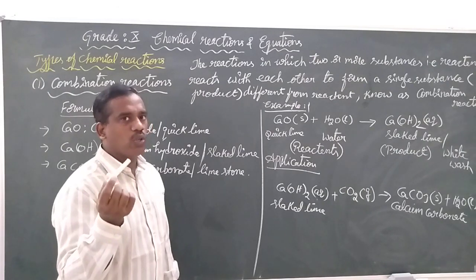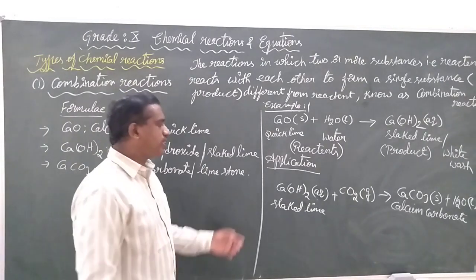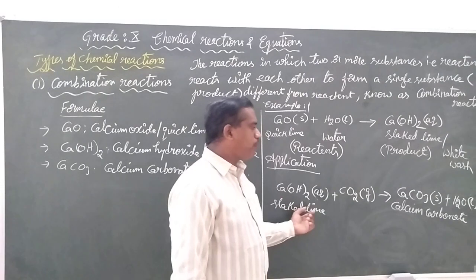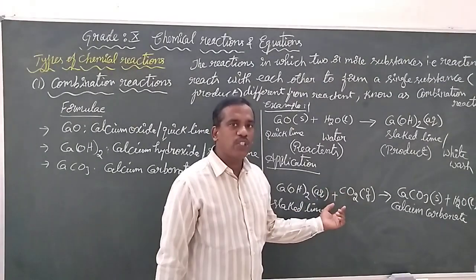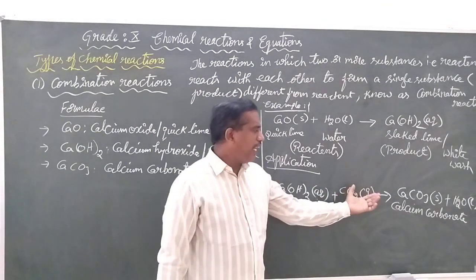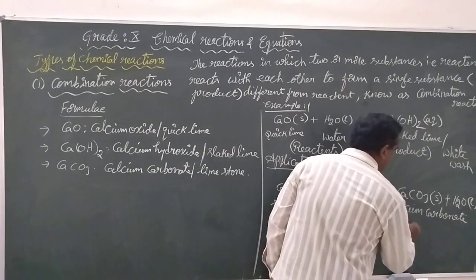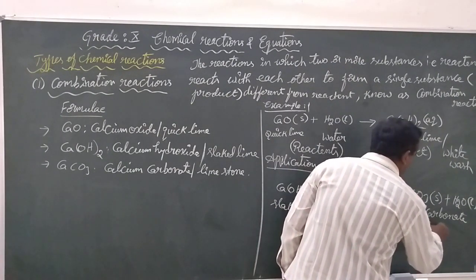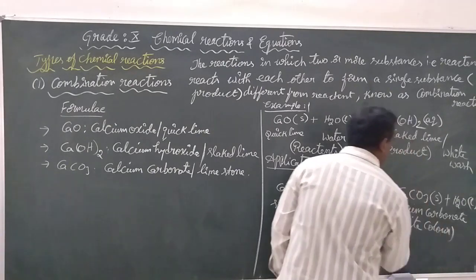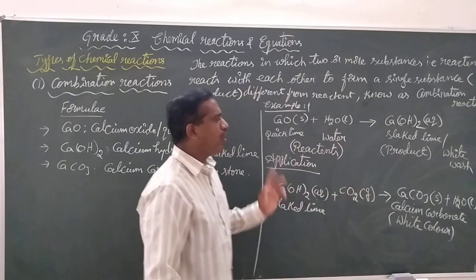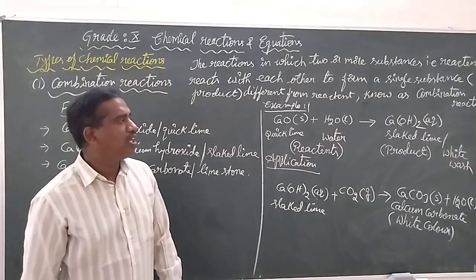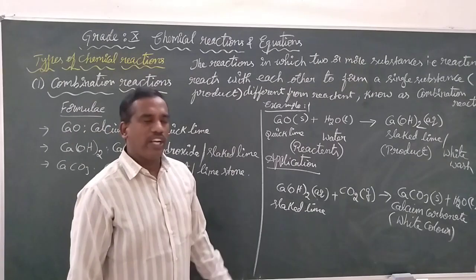The wall is also white because the slaked lime that we applied reacts with atmospheric carbon dioxide and forms white-colored calcium carbonate. So we call slaked lime the whitewash.